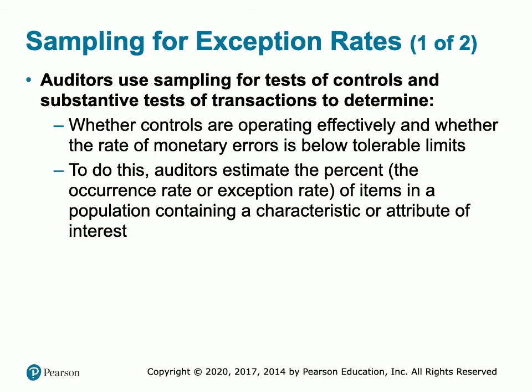Are controls operating effectively within a 5% error rate? Okay, then I can reduce my test work if I think a 5% error rate is acceptable. If I'm looking at tests of transactions, I may decide that a 3% error rate is tolerable, and therefore I'll test the transactions, and if my results yield an error rate less than 3%, I'm happy.